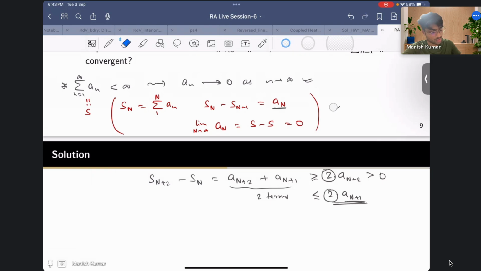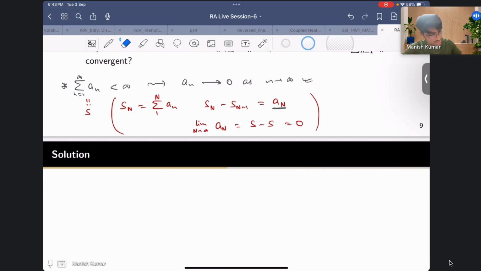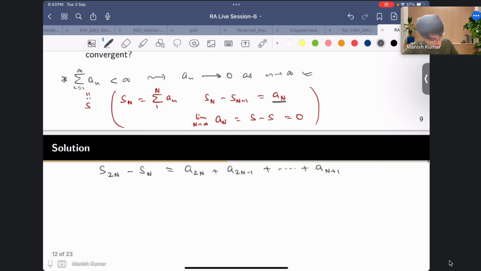Now what we can do is subtract n elements. I will take S2n and then subtract Sn, just the double. What is the difference? The difference would be a2n plus a2n minus 1 plus dot dot plus an plus 1, right? This is the difference I get. Now how many terms are there?